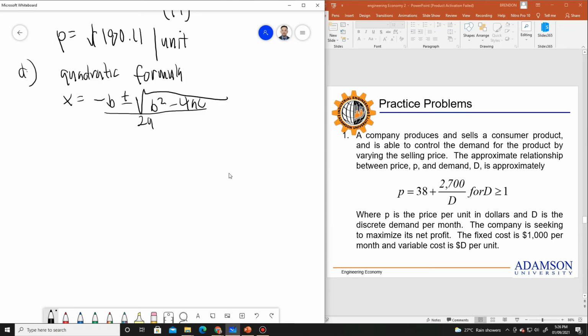Using our equation, TP equals negative D squared plus 38D plus 1,700, and we equate this to 0.